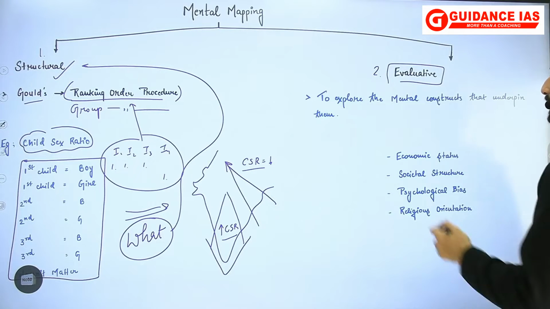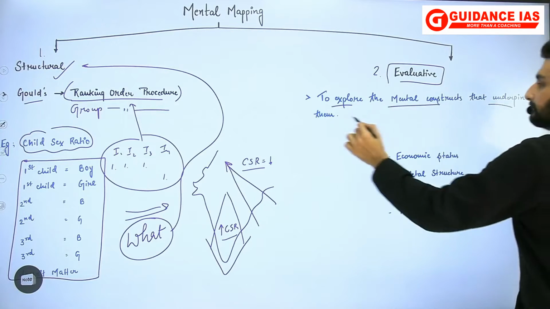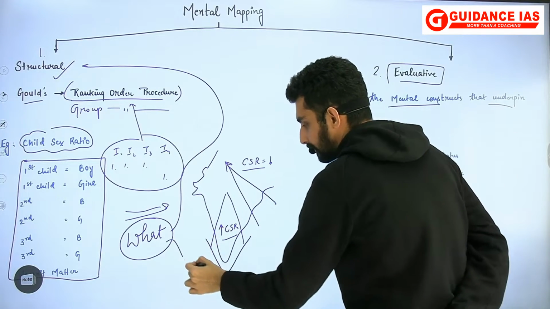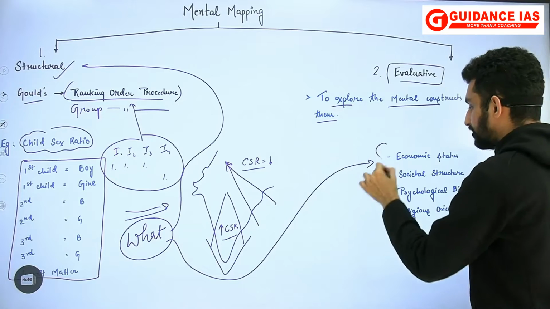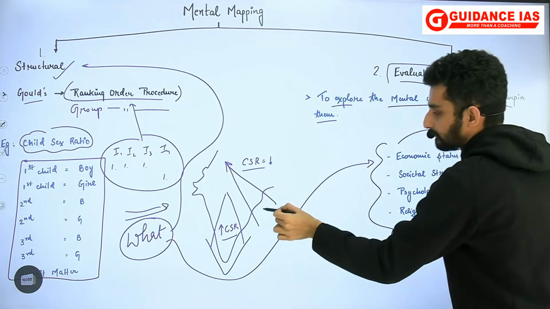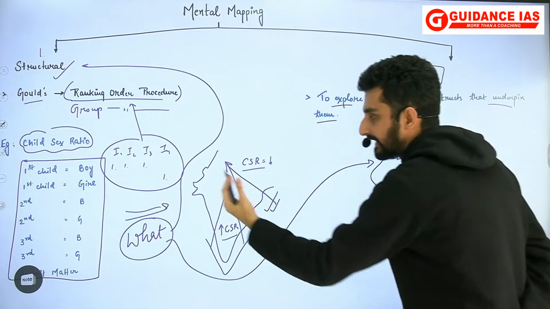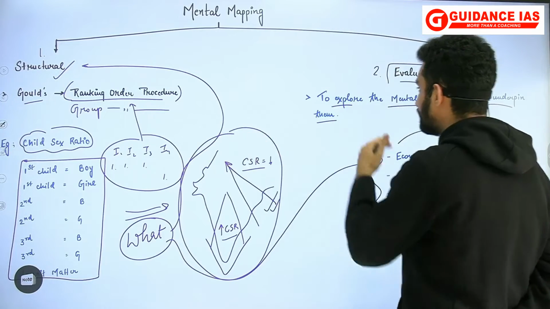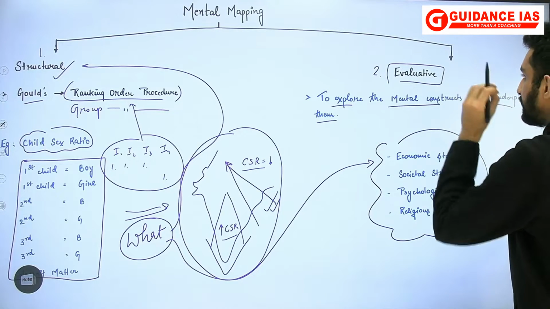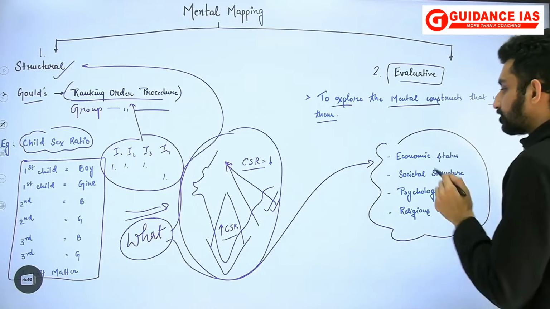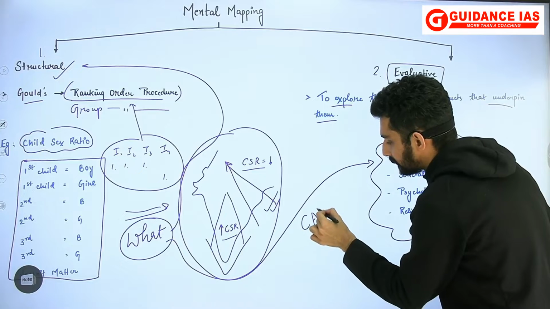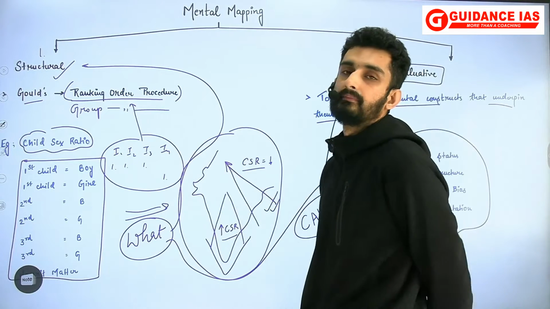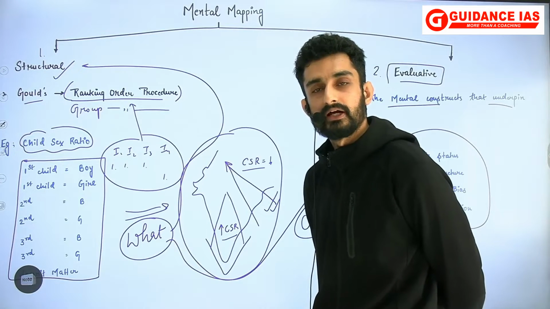This was the what, but what are the causes behind this particular pattern? These were explored in evaluative mental mapping. Here we are focusing on the causes behind such a pattern of behavior, the what of behavior. I hope it is clear.